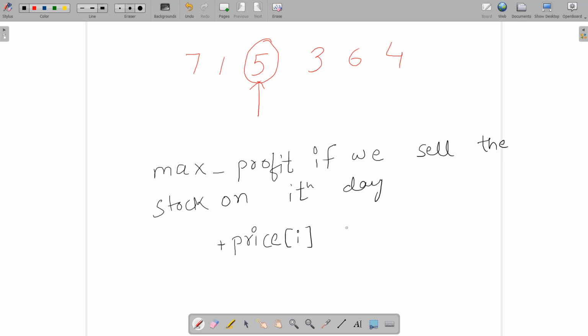This will be the positive value because I am selling the stock on the current day. But we need to buy this stock on any of the days from 0 to i minus 1.